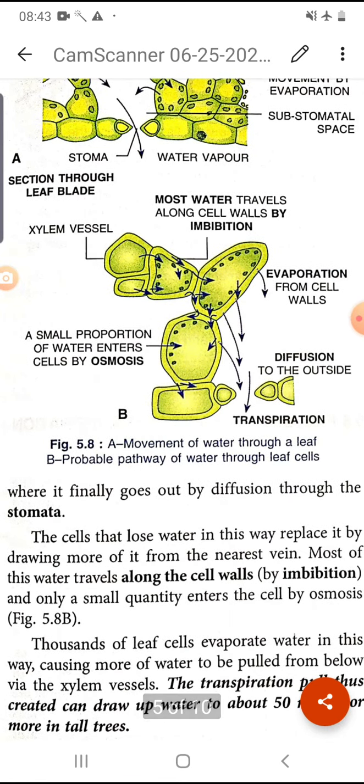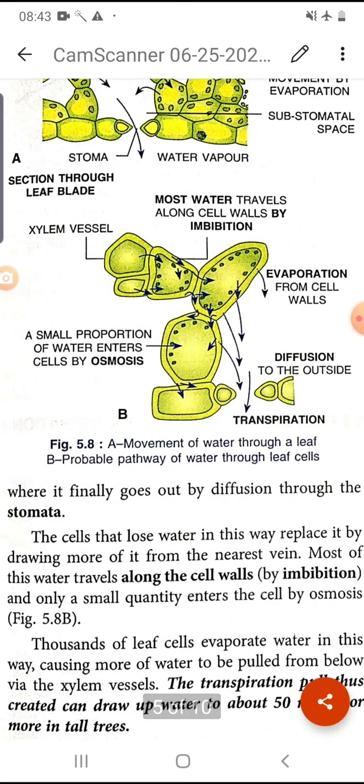The cells that lose water in this way replace it by drawing more from the nearest vein, because most of this water travels along the cell wall, and only a small quantity enters the cell by the process of osmosis.